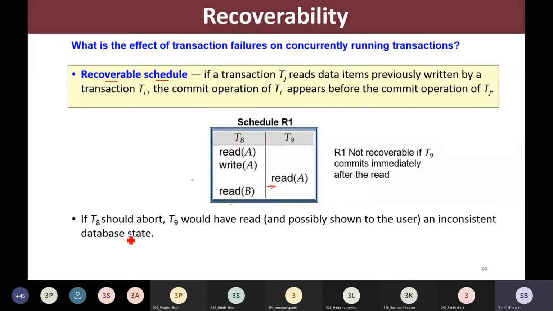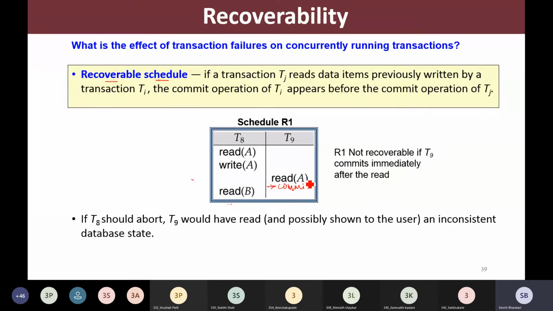So even though there are failures, it is not possible to destroy the database. As I mentioned earlier, if T8 should abort, then T9 would have read an inconsistent database state in this situation. If T9 is committed and after that there is a failure, then T8 gets aborted, but whatever was written by T8 has already been read by T9, and T9 has committed.